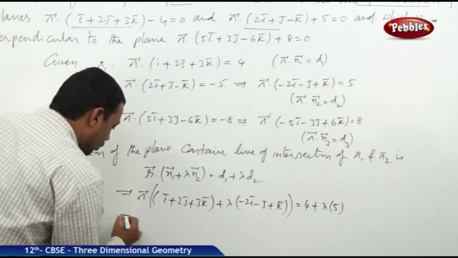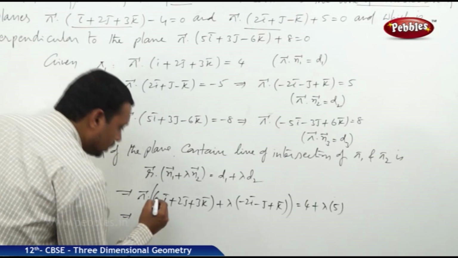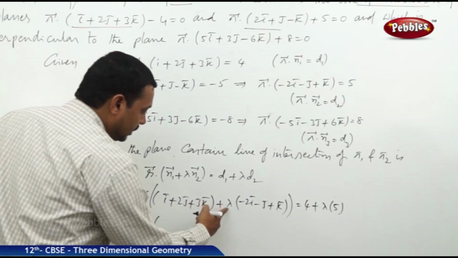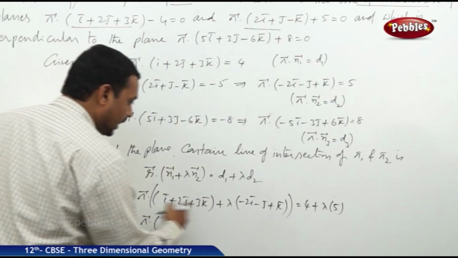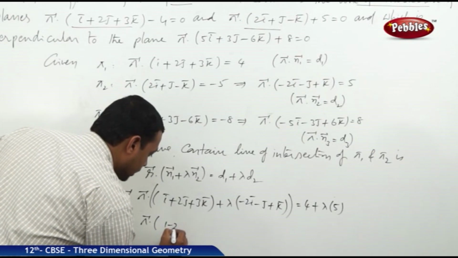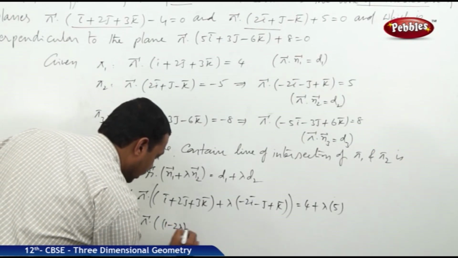Okay, now r bar dot, it is I minus 2 lambda I. When we take I common, it is 1 minus 2 lambda into I vector.